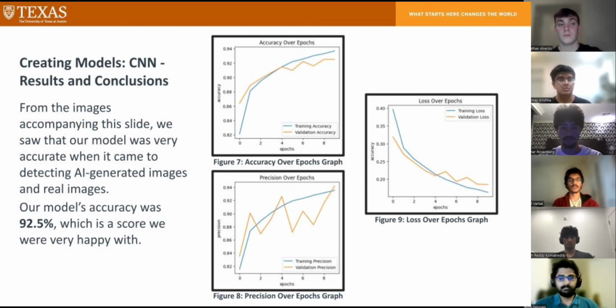To conclude with our CNN model, we found it to be very accurate with a rate of about 0.91 and a loss of about 0.22. As we are very happy with these results, we will now try to fool our model by using adversarial attacks.